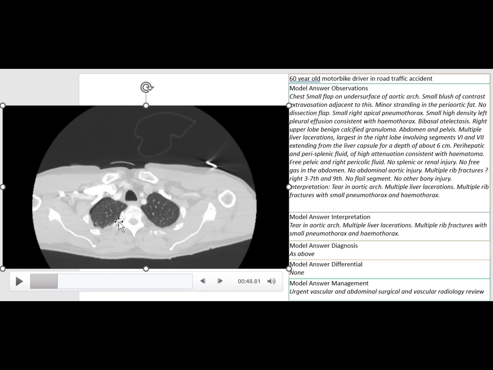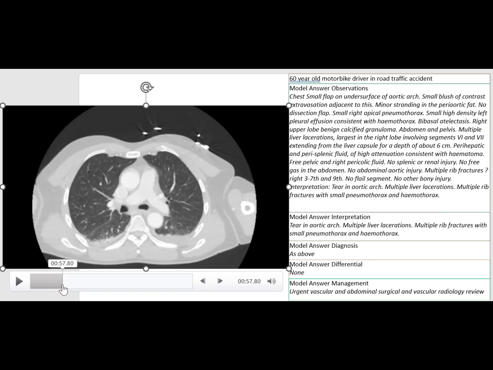Can you see this air? And here, the air here, this is apical pneumothorax, okay, and the bilateral pleural effusion of high density. Along with the history of trauma, this bilateral pleural effusion is most likely to be bilateral hemothorax.